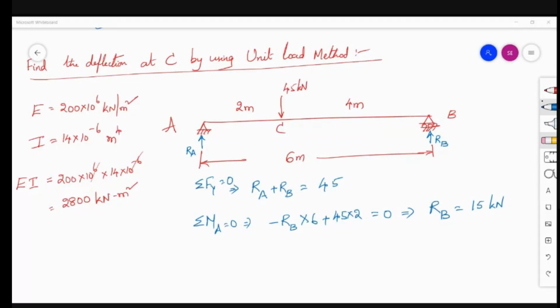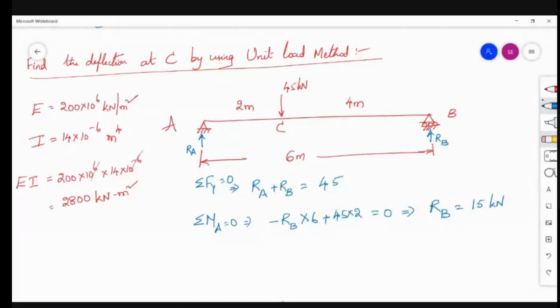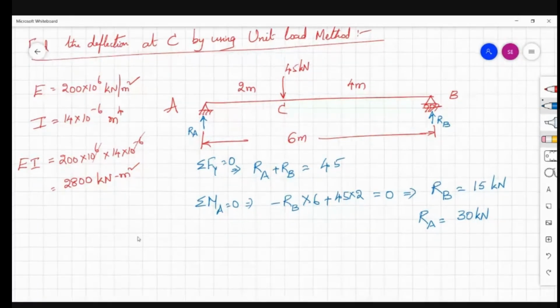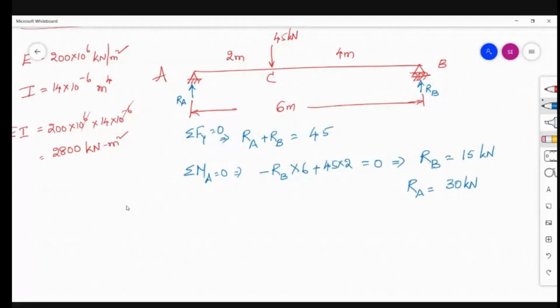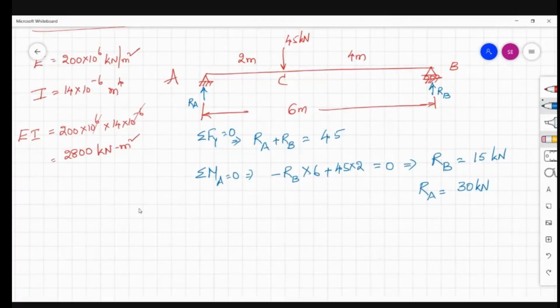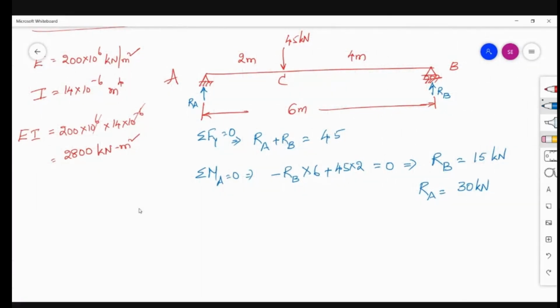RB is 15 kilonewtons and RA is 45 minus 15, which is 30 kilonewtons. So you got the reactions due to the external load system.